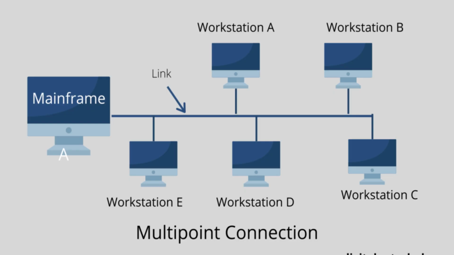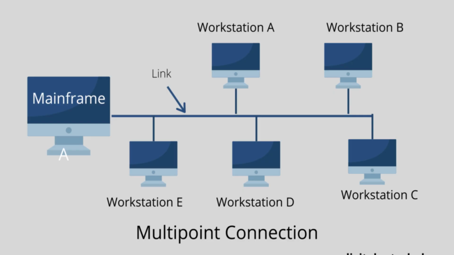Improving reliability: multipoint connections can improve network reliability by providing alternate paths for data transmission. If one of the paths fails, data can be automatically rerouted through another path, ensuring that network connectivity is maintained.